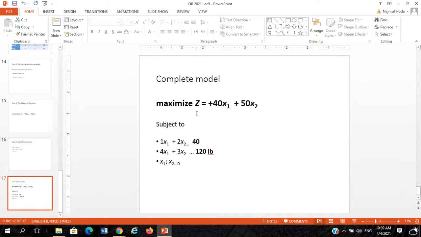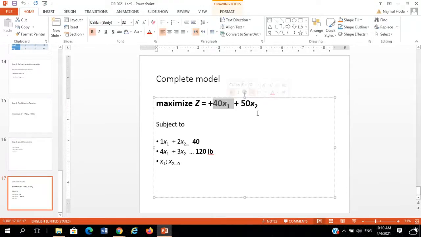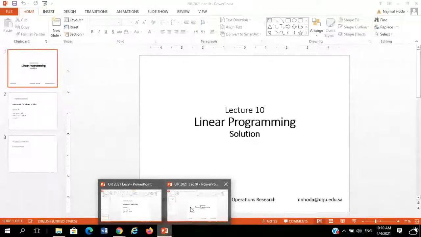The objective function is 40x1 plus 50x2. 40 and 50 are the parameters. These are the profit per unit. So when we multiply them by the number of bowls and mugs, we get the total profit. Okay, so let's start from this part.